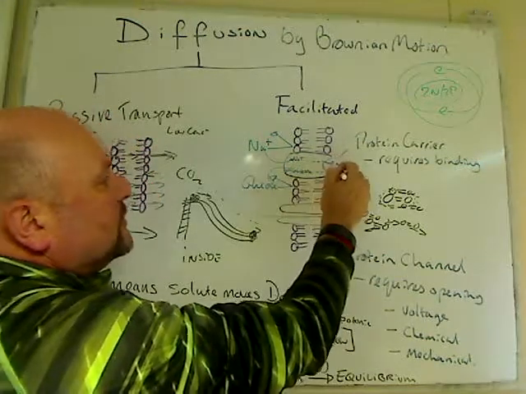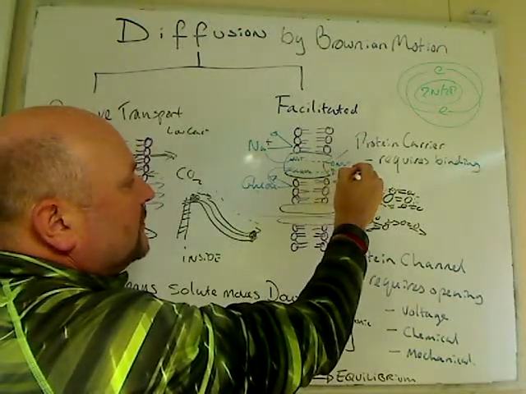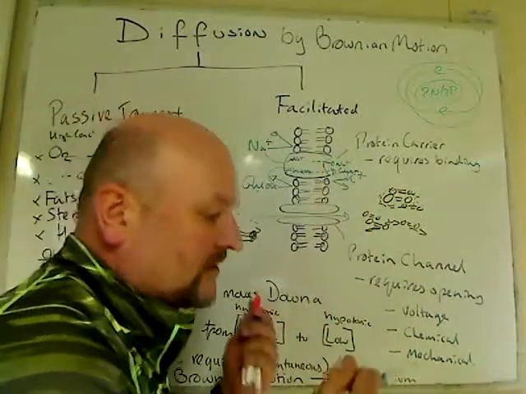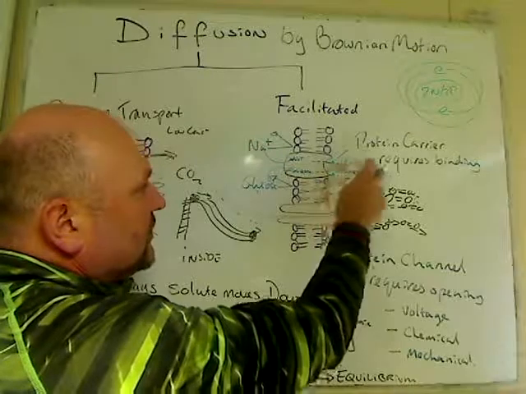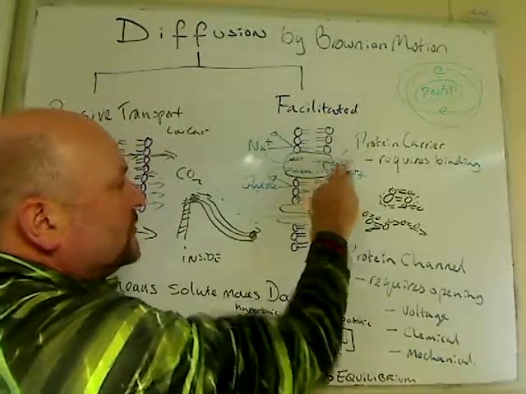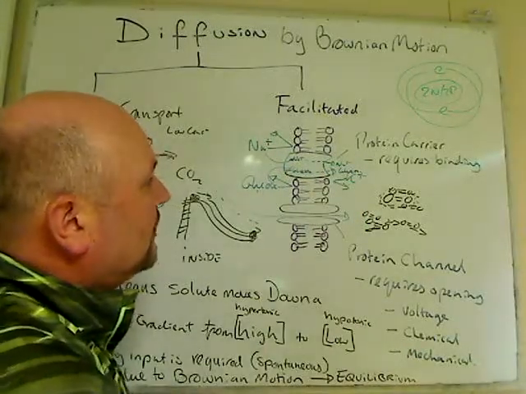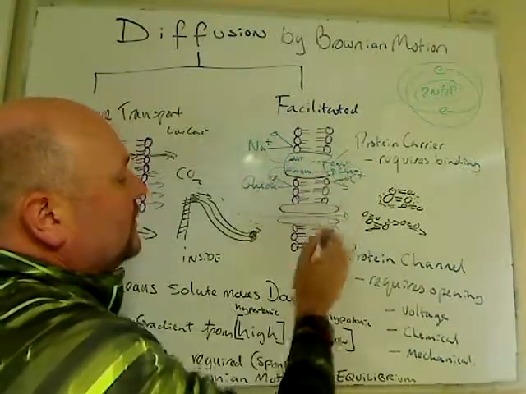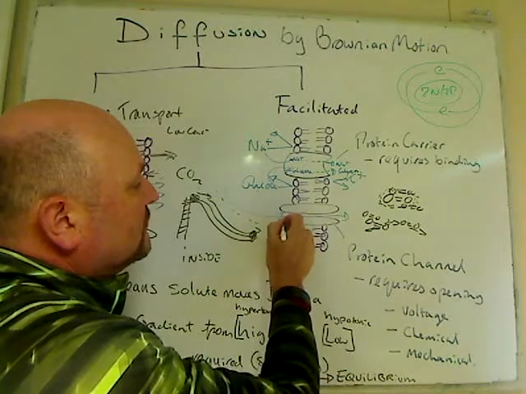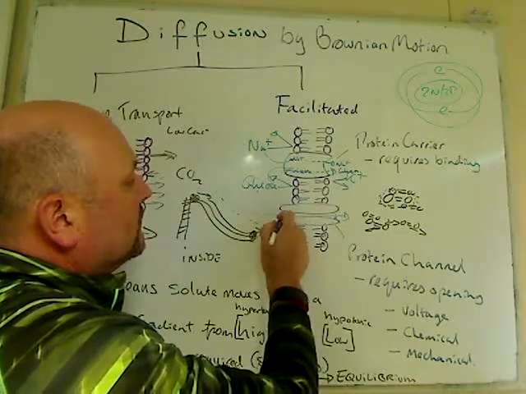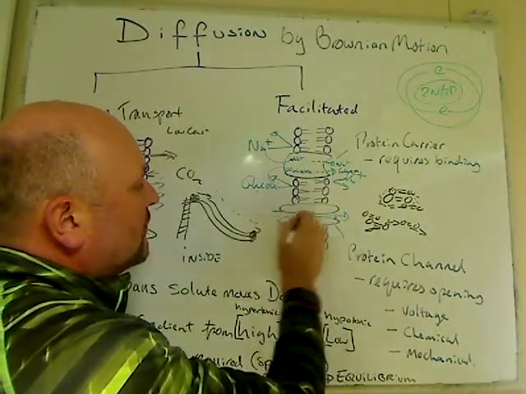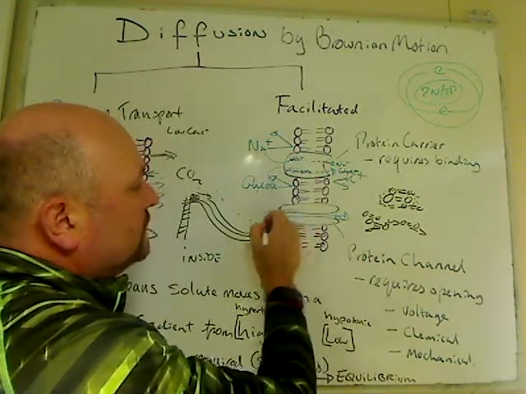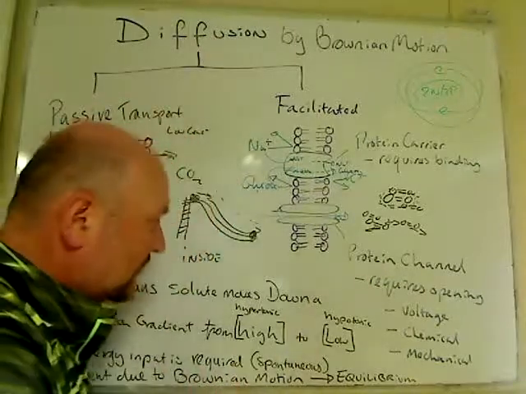And it opens on the other side. Imagine they're sitting there and suddenly the seat just goes away, so they're just dumped off and they come out the only opening available to them, which is on the inside. So they need to bind. These are protein carriers, or you need to open up the channel and allow it to come through that way.